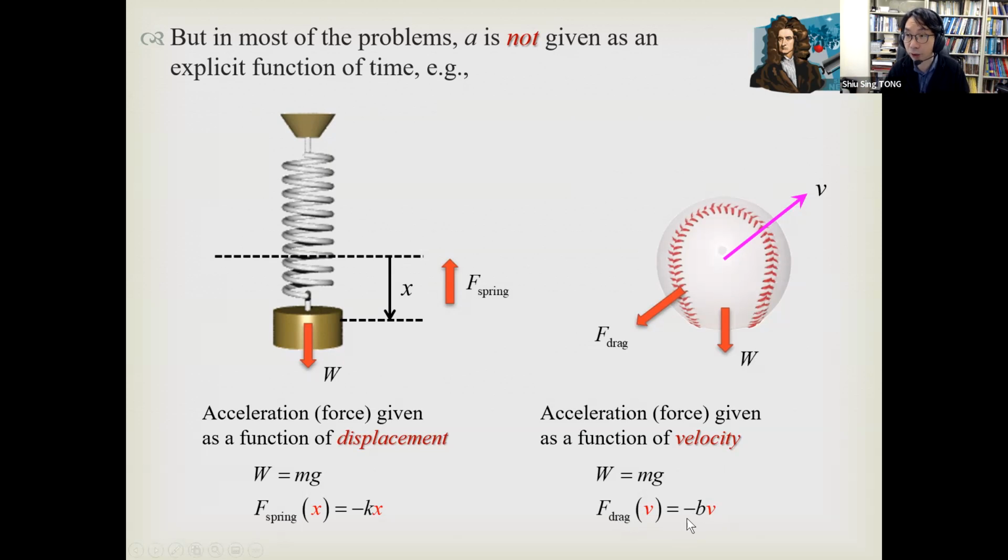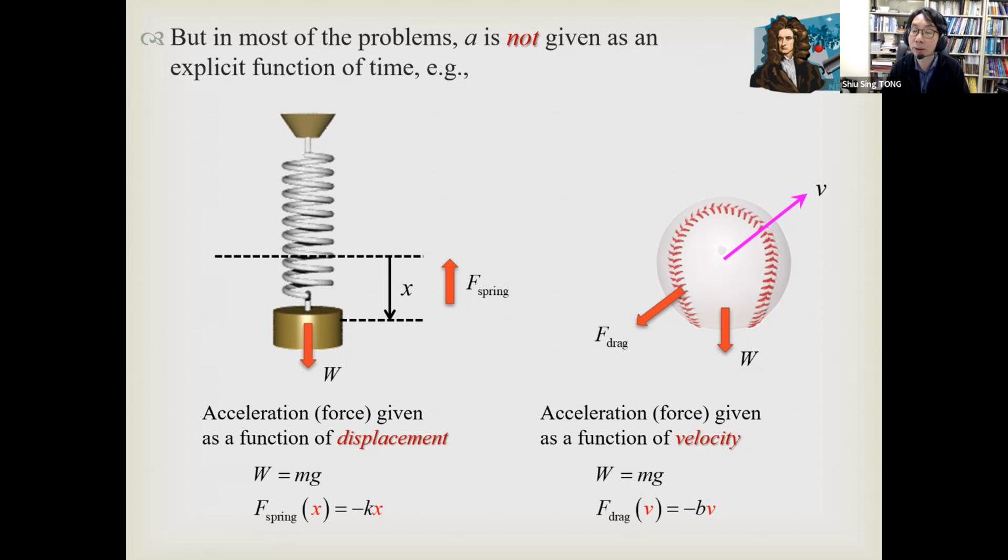It is given as a function of velocity. So in the example on the left, the force is given as a function of X, while in the example on the right, the force is given as a function of the velocity. And in both examples, the force is not given as a function of time.